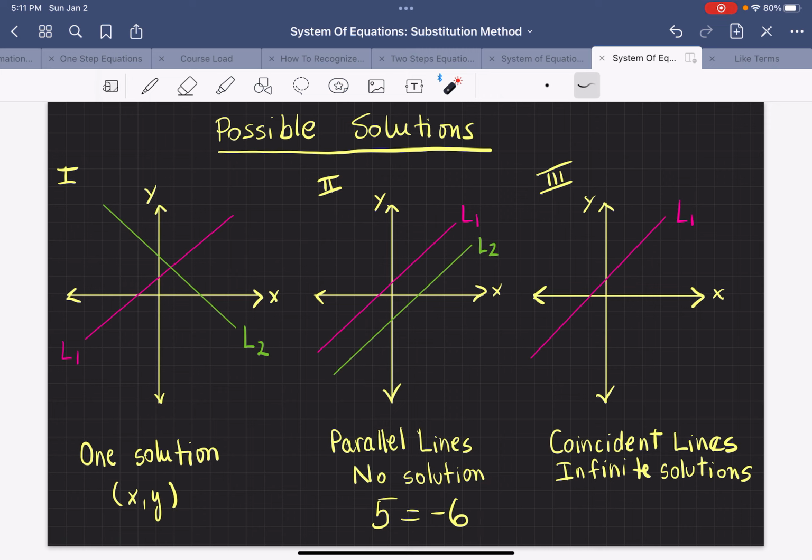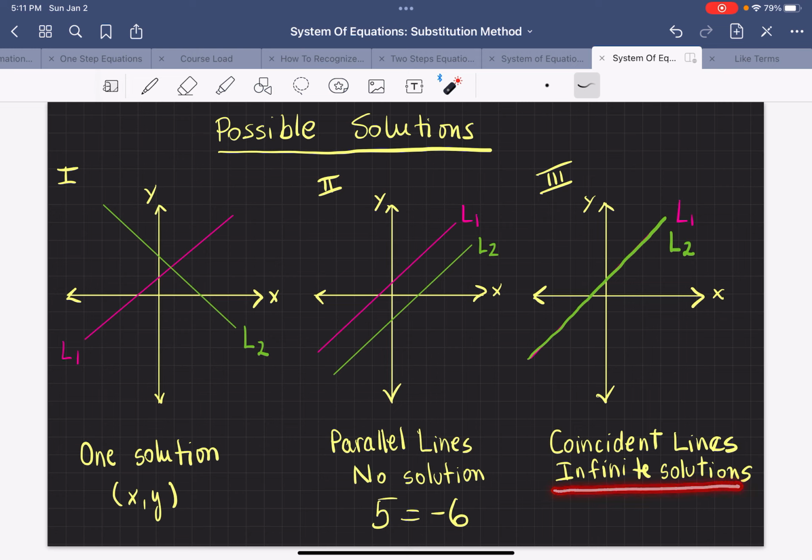Now, it can also happen that you have coincident lines. This is line 1 here, your first equation, and then your second equation, I'm going to write it in green, is right on top of your first equation. That one is line 2. They are coincident lines, and when you have coincident lines, you have infinite solutions.